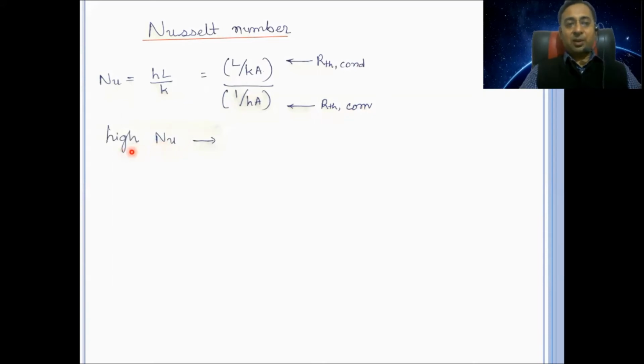If Nusselt number is high, then thermal resistance to the conduction is high and convection resistance is low. Means heat is transferred by the convection, or we can say that if the Nusselt number is high, it is a favorable condition for the convection.